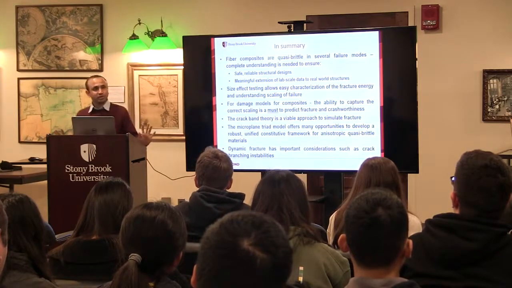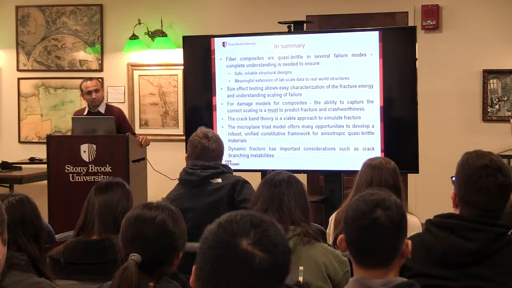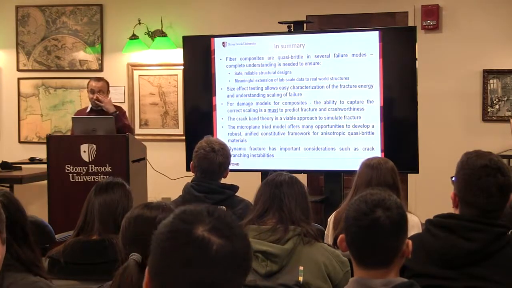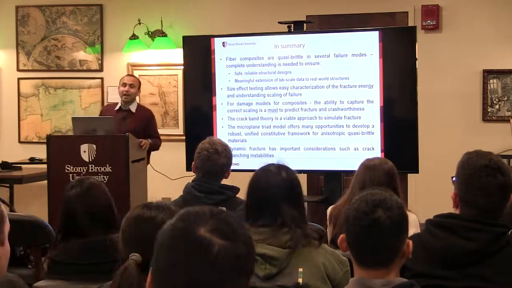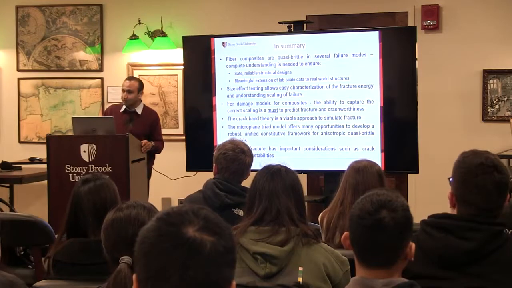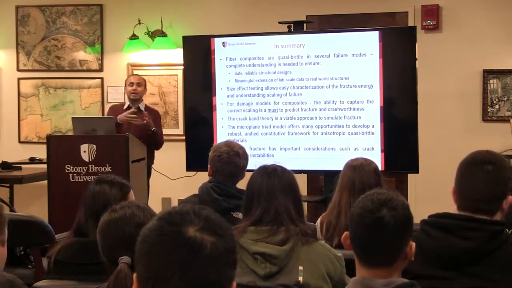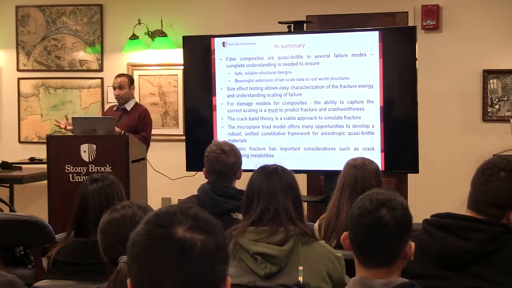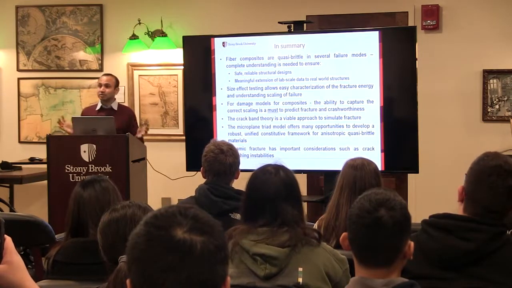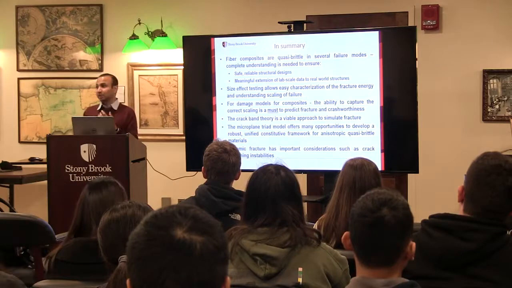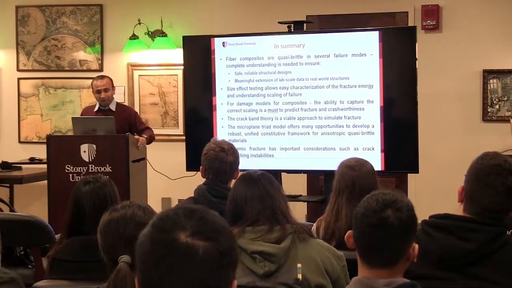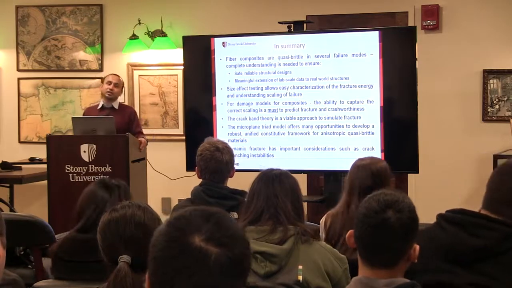So I'm going to summarize whatever I talked about. First of all, it is important to understand that fiber composites are materials which fail by different failure modes, and we have to understand their failure behavior so that we can safely design structures and also extend lab scale measurements to real world structures. Size effect testing is a very effective way of overcoming the stability issues that I mentioned in measuring the fracture energy, and also understanding how this scales.